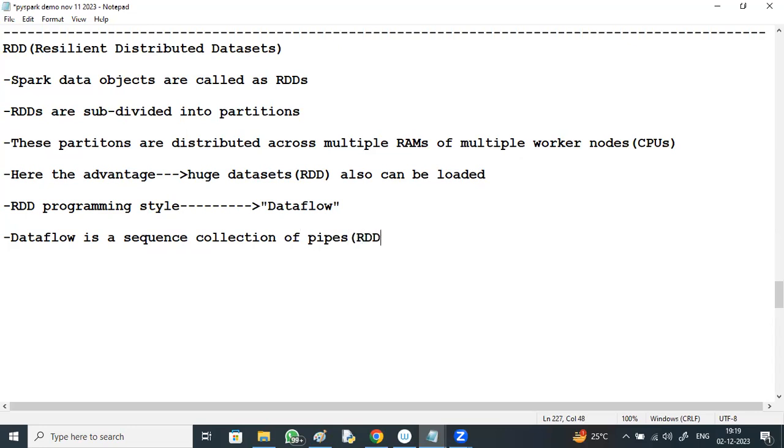Pipes means RDDs, a sequence collection of RDDs. A pipe is any data operation.